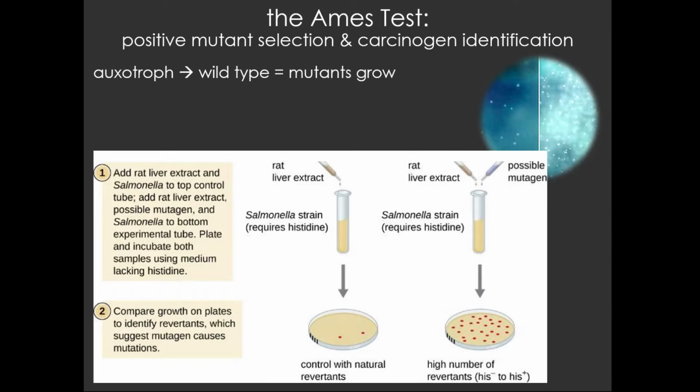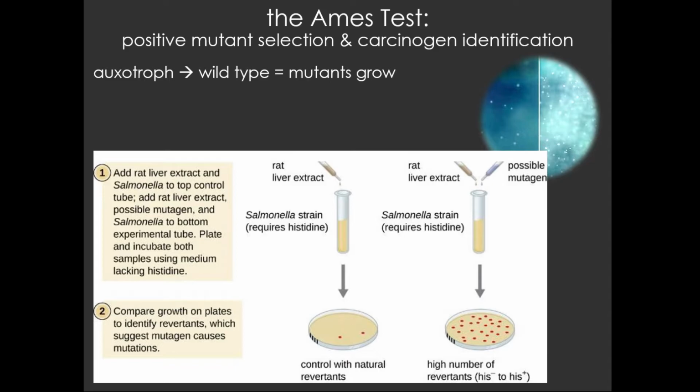The reason I said this gets closer to looking at carcinogens and not just mutagens is that rat liver extract is added, which may seem very strange, and you may wonder why. The reason that rat liver extract is added to this experimental protocol is so that these suspected mutagens or suspected carcinogens that you're going to expose the Salmonella bacteria to are actually converted to whatever their biologically active form would be.